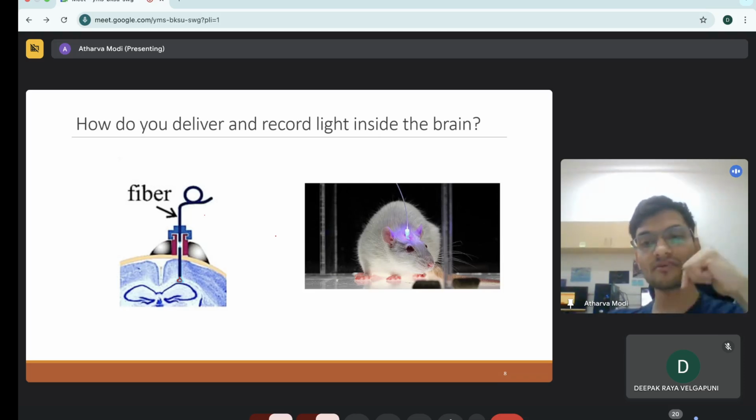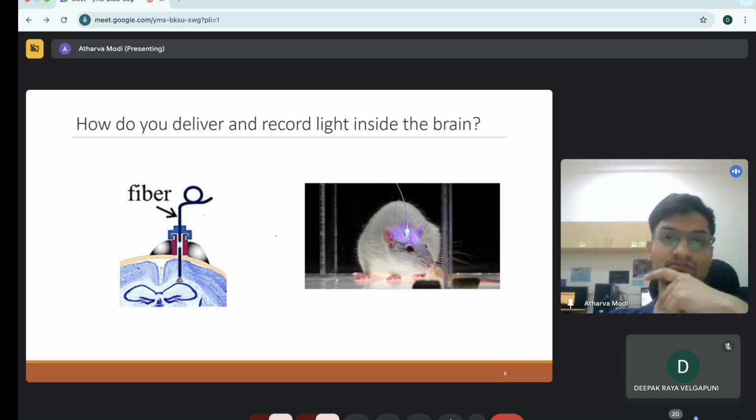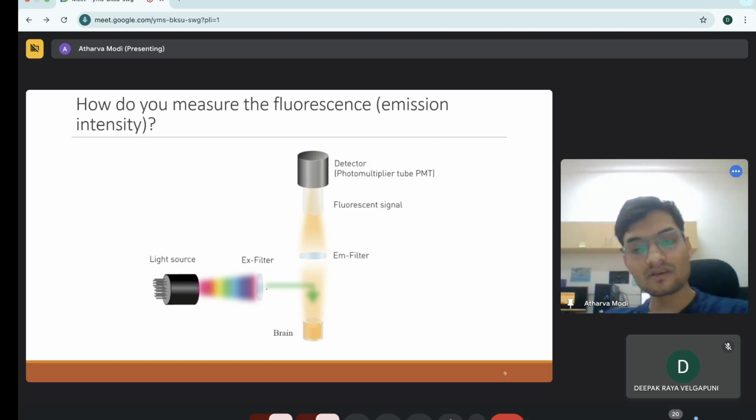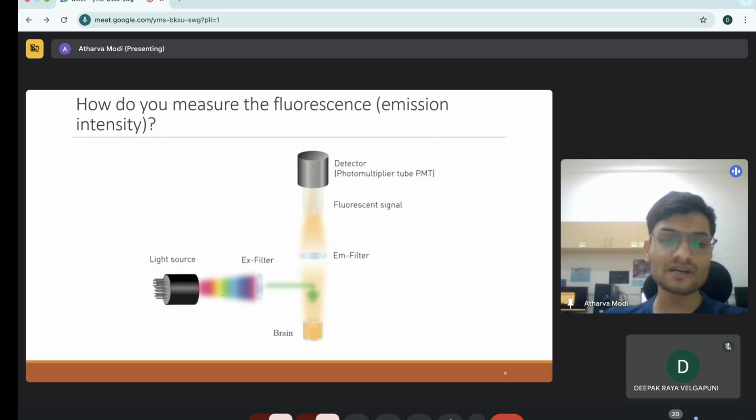So now we have the sensor, we have the light delivered to the sensor, we have light coming out of the sensor. We need a measurement device to quantify this, to measure this emission intensity. There is a light source, which can be of multiple wavelengths, or you can even have a green light source, whatever wavelength you want.